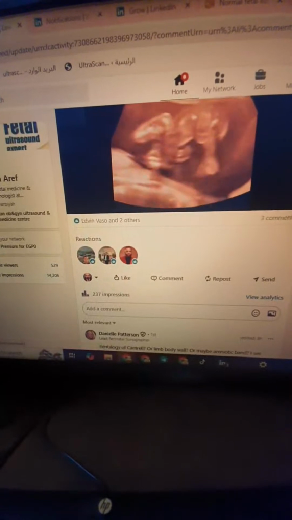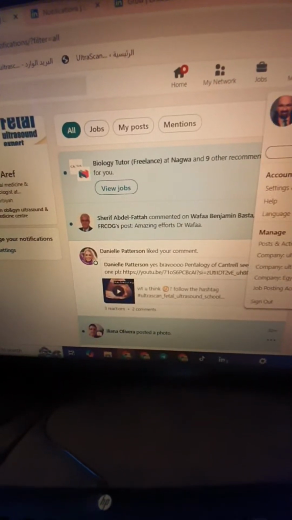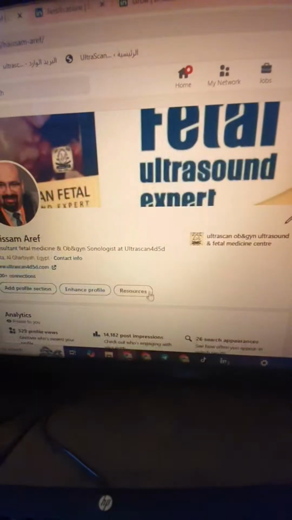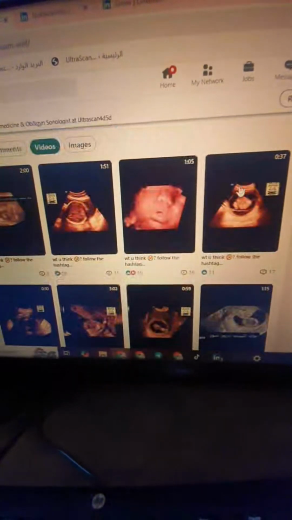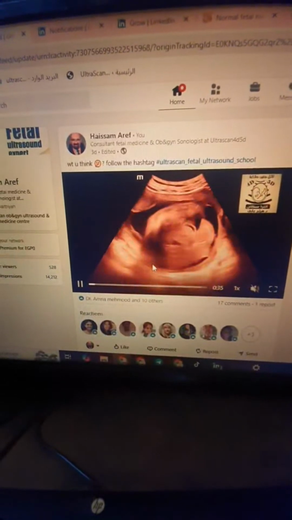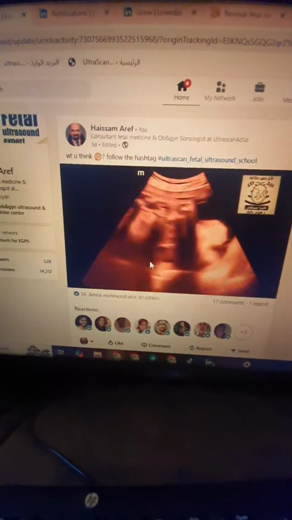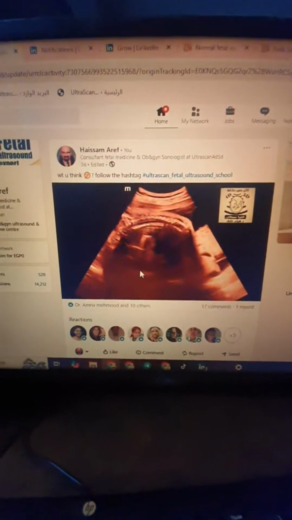Okay, let's go back. This was a case of, like we have said, the limb body wall complex, and we will see right here. Let's see from the beginning of the video. This is a gastroschisis. All of the abdominal organs are outside, with a scoliotic deformity.